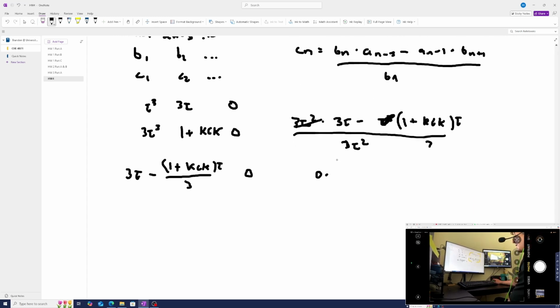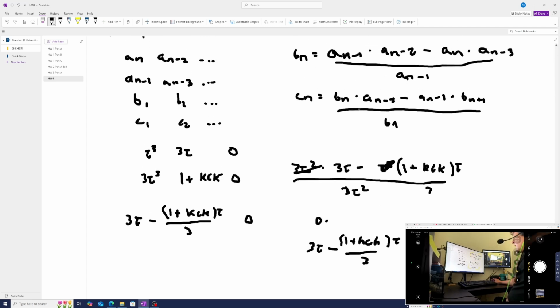We can see that that will be our 3 tau minus (1 plus kck) over 3 times tau, multiplied by our An minus 3, so times 1 plus kck, and then we have our An minus 1 and our Bn plus 1.